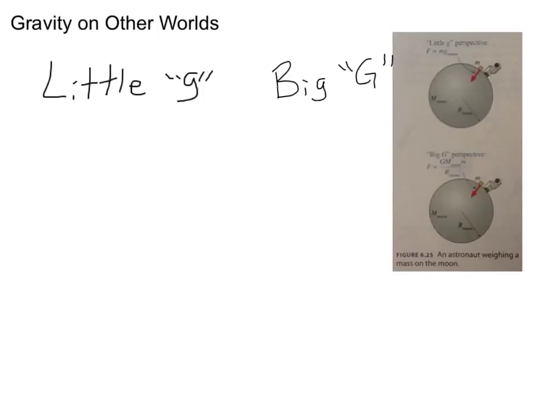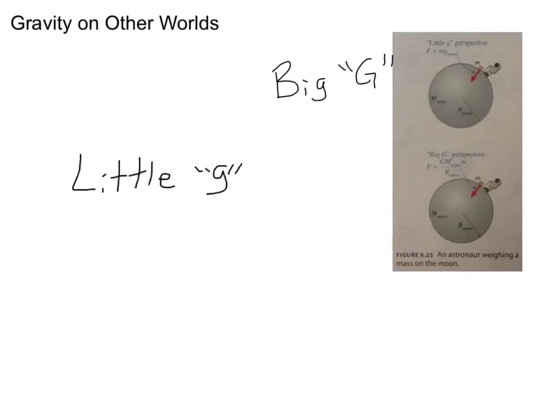So let's look first at this little g perspective, where we'll use the same expression for the weight of that object on the moon as we do on Earth, or weight equals mg, where this time, however, the g has to be the g of the acceleration due to gravity on the moon, which is 1.62 meters per second squared.